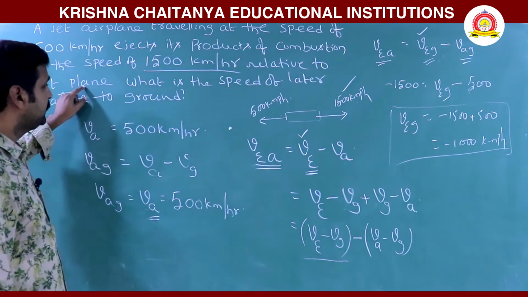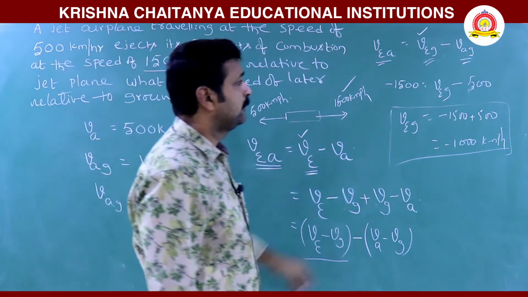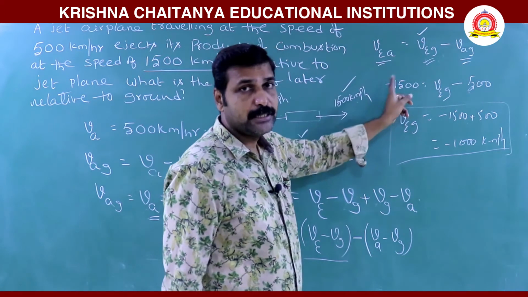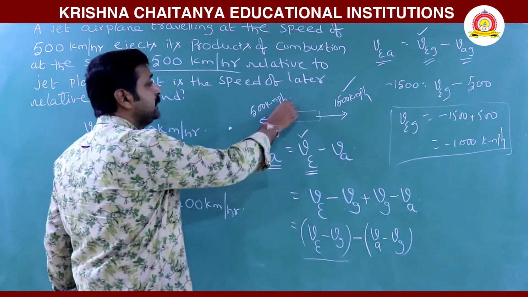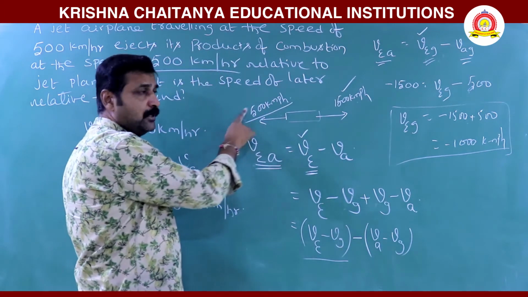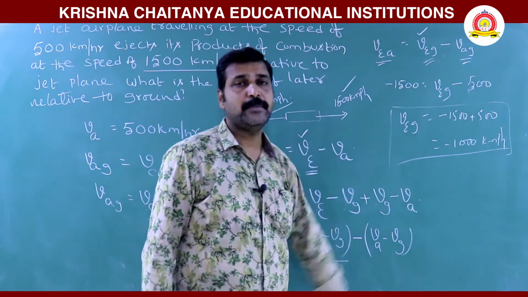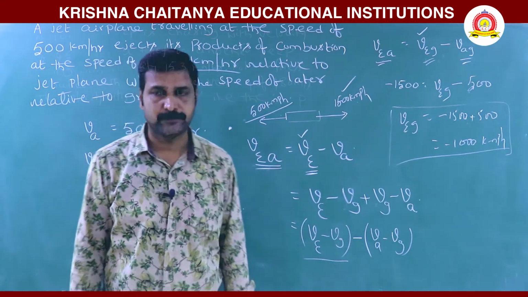That means this 1500 is the velocity of exhaust gas relative to the airplane. That is why we take minus 1500, because since this is considered as positive, and this is in the opposite direction, we can take this as minus. Okay. So you have to keep this in mind, right?